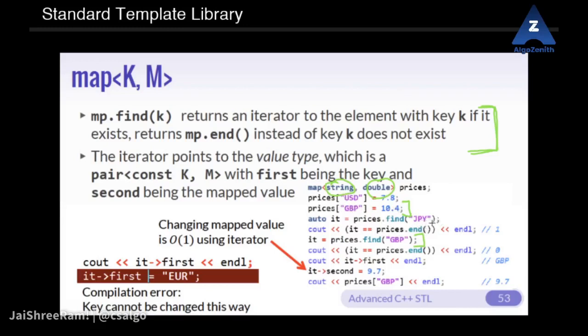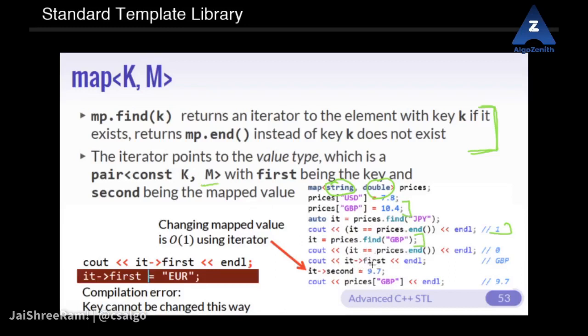So it will be end, so this will return true, right? And if you check price dot find gbp, it's present, right? So there will be some iterator that is not equal to end, and that iterator's first value is the key and the second value is the value.